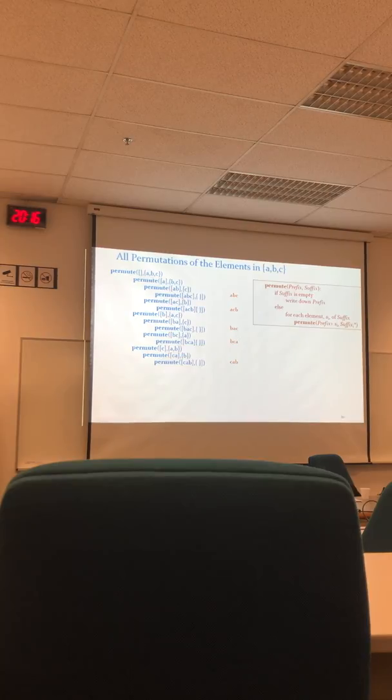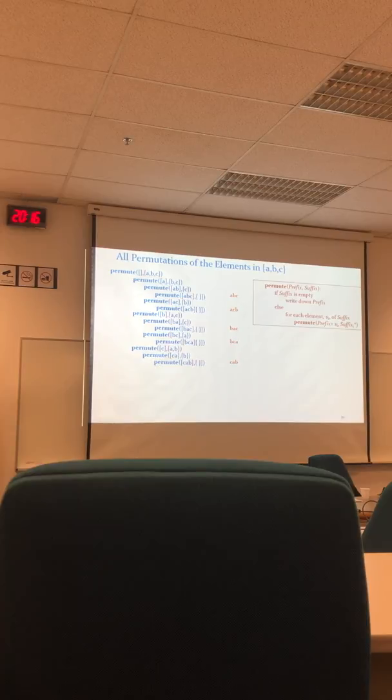Initially, when you first call the algorithm, because all the elements are in S, the suffix is the full set and the prefix is nothing. So every time we will solve this problem. In other words, for this case, up to n elements, this is the whole problem.